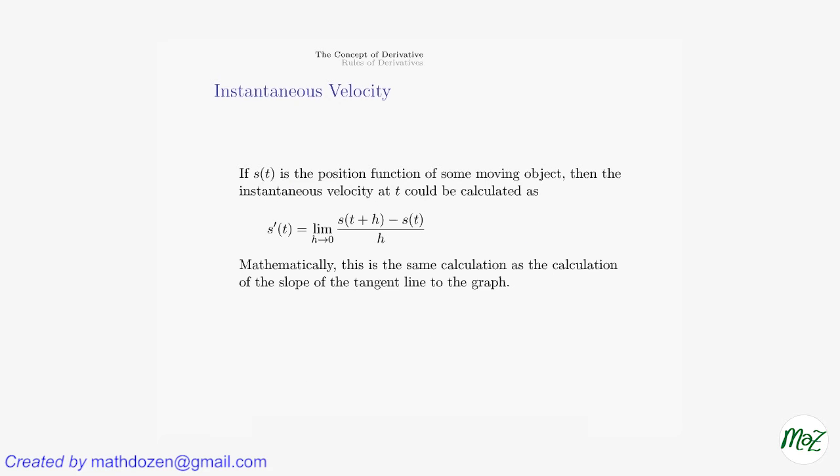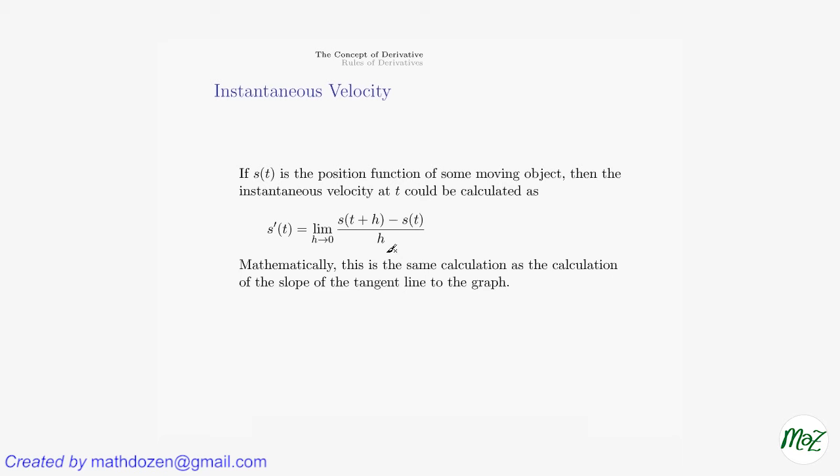We also discussed the problem of instantaneous velocity, or the problem of finding the velocity function for some object. So, briefly, if we have this function s of t, which is a position function of some object, then we can calculate the instantaneous velocity as the limit of average velocities over shorter and shorter periods of time.